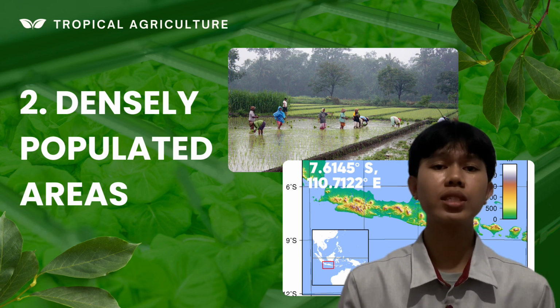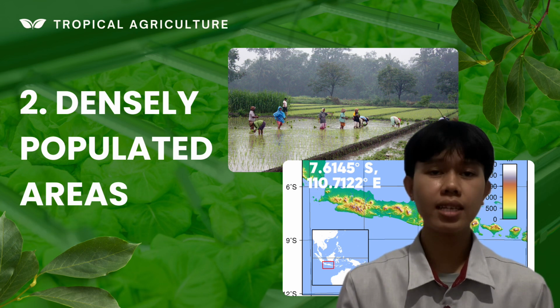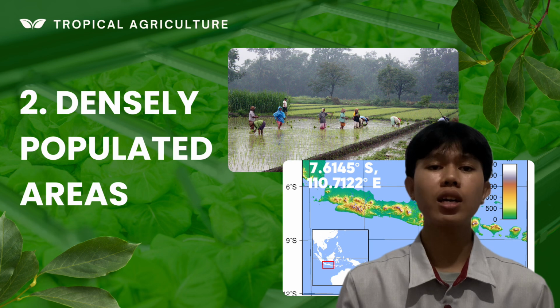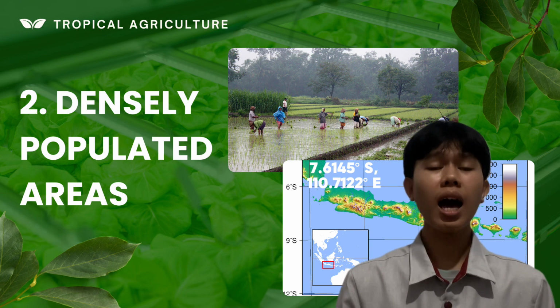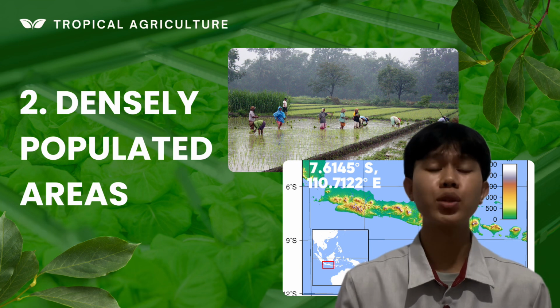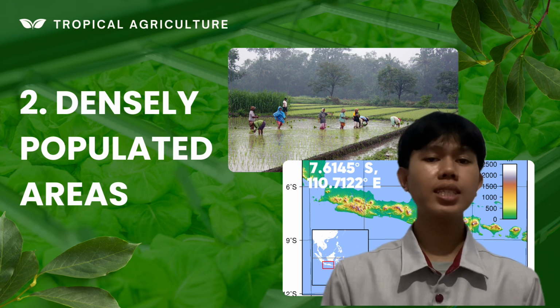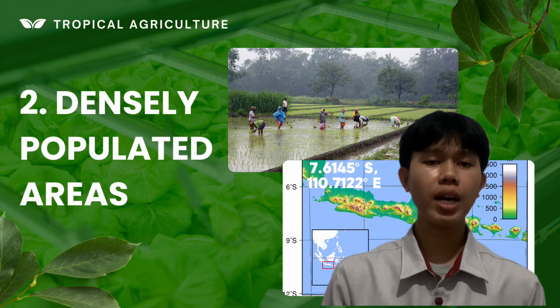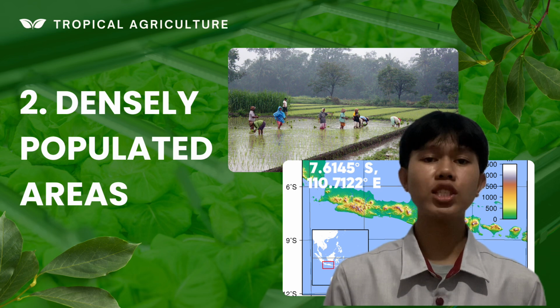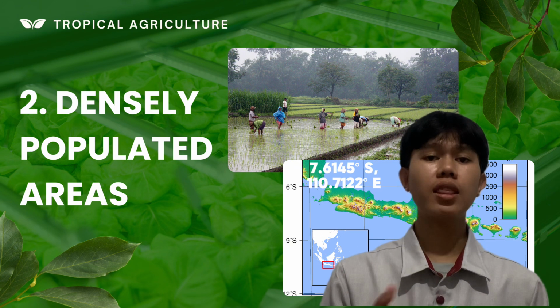And the land use: the high population density in these areas necessitates efficient land use. Rice cultivation, with its intensive farming practices, allows for high yield per unit of land, since this maximizes food production to meet the needs of a large population.